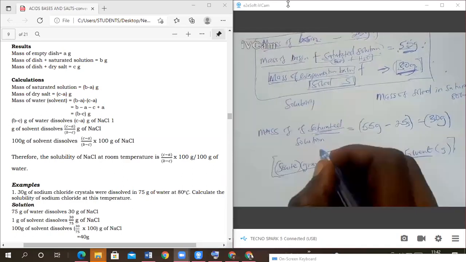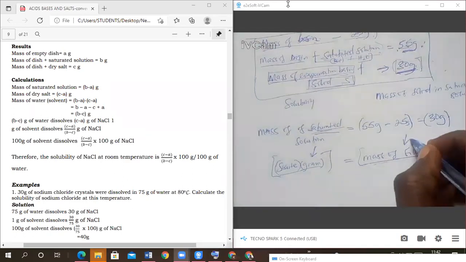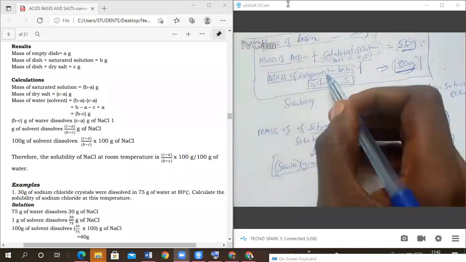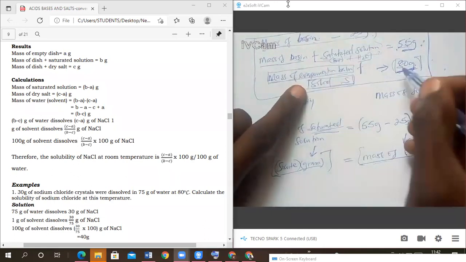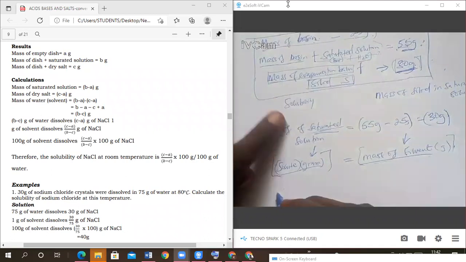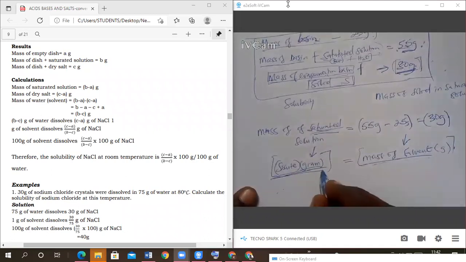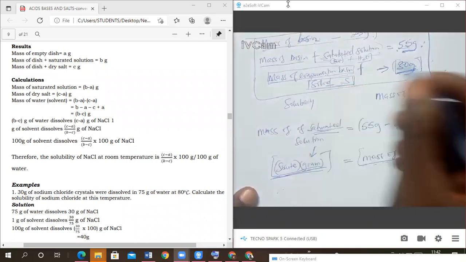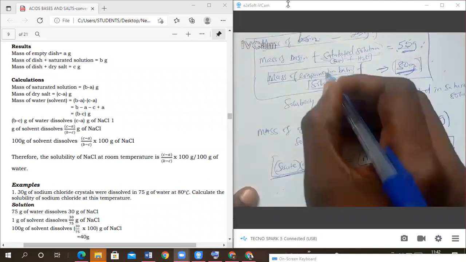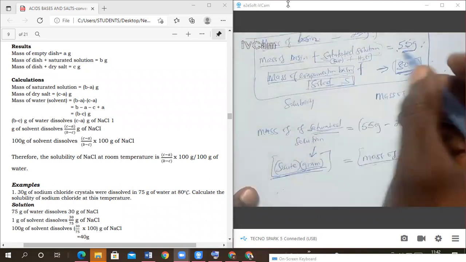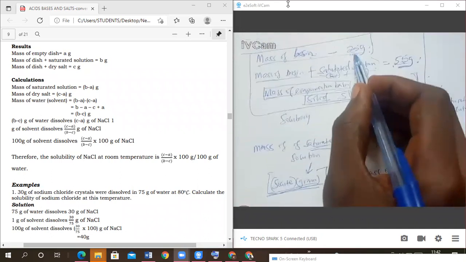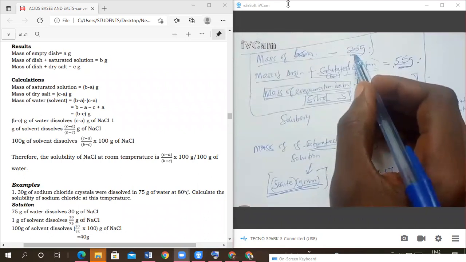We don't have the mass of the solute, we don't have the mass of the solvent, but we have the mass of the basin and the solid. So for me to get the mass of the solute, our solid S, I will subtract the mass of the basin, because I have the mass of the basin as 25, isn't it? Yes.